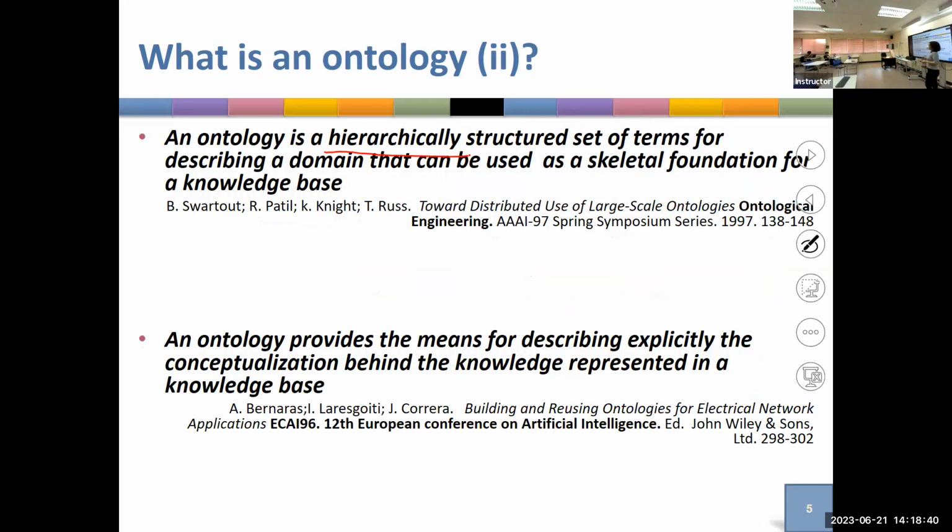And actually the usage of ontology is for construction of a knowledge base for a topic area, for a particular domain, particular application. And let's move further for another description.